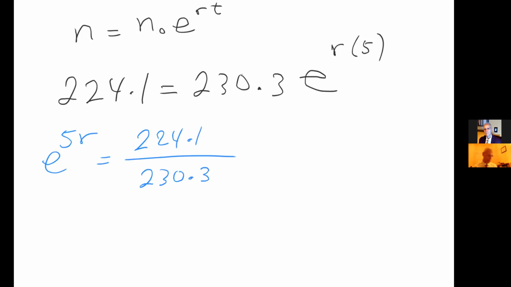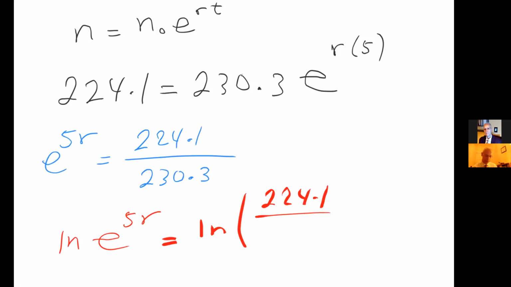Now my goal, of course, is to solve for r here. So I'm going to take the natural log of both sides. So natural log of e to the power of 5r equals natural log of 224.1 over 230.3.